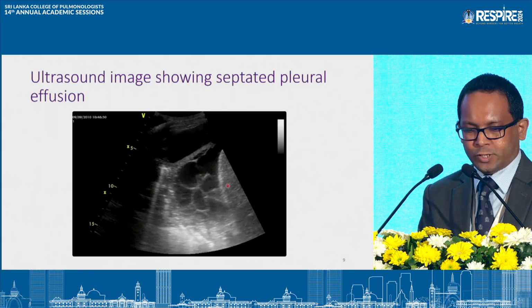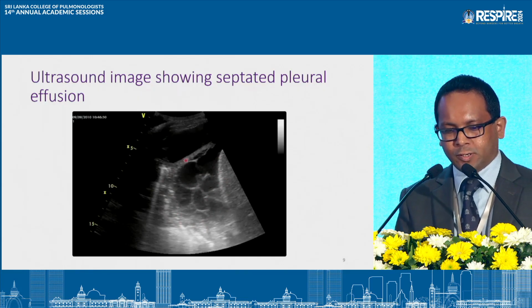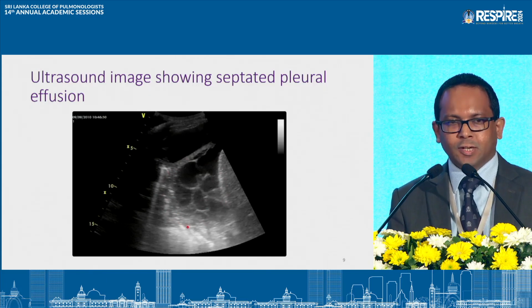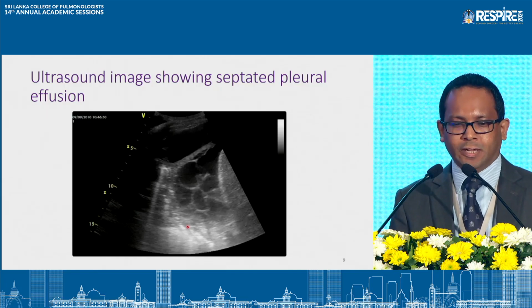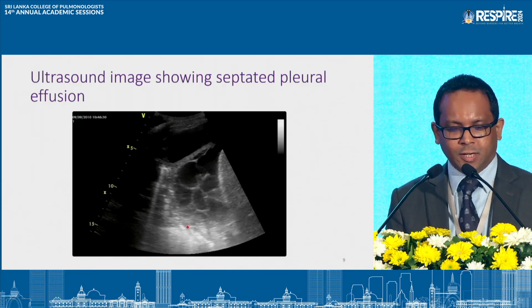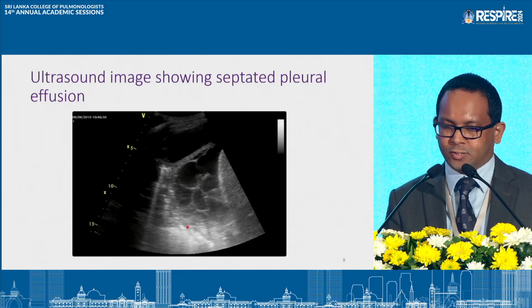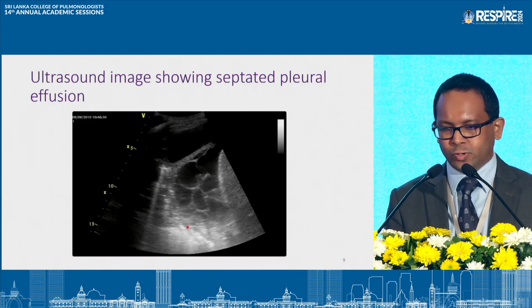So in this sort of situation, in the way the patient presents, we can possibly determine that this may be a complicated infective origin pleural effusion or an empyema based on ultrasound. So it is very useful in addition to the safety aspect.